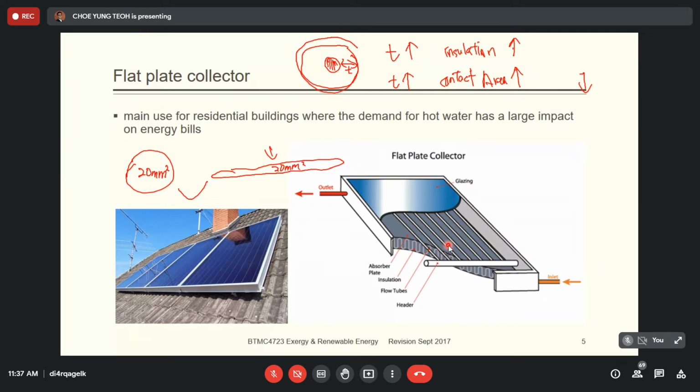Maybe at night time, you do not have sunlight, so the water will cool down to 0 degrees Celsius and then freeze inside. When that happens, your pipe will expand. Maybe a connection pipe will break or something. Okay, and also you need time to defreeze the water inside the tube.